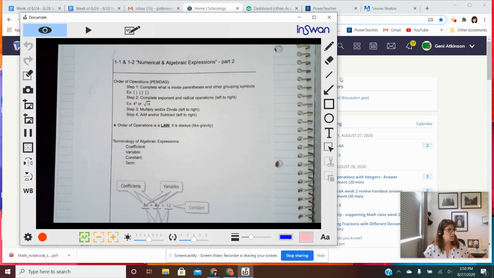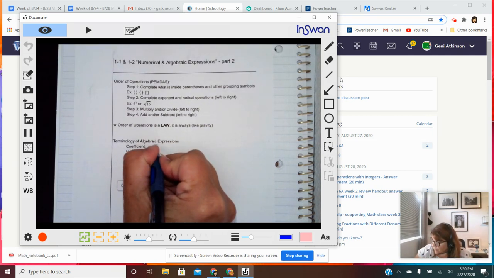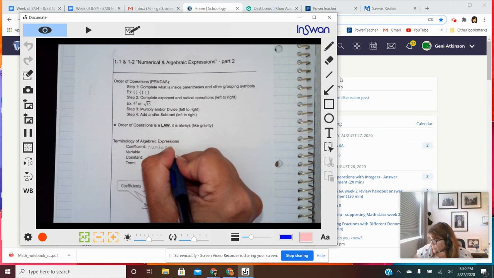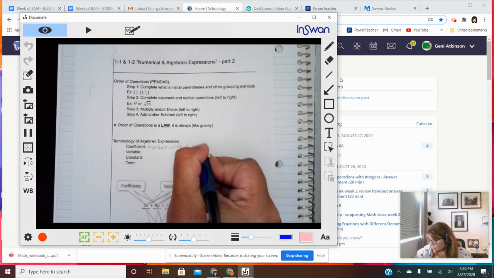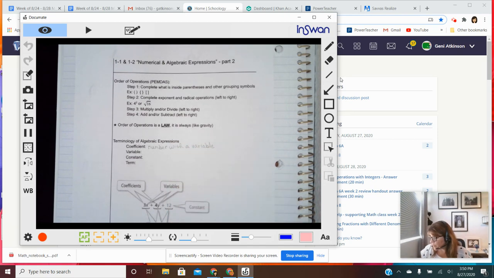Now, the next thing I want to get to is some more terms. Notice on these I gave words, but no definitions. I want you to write these in as we go. A coefficient is a number with a variable. They're actually being multiplied.